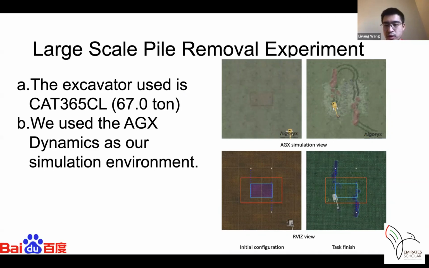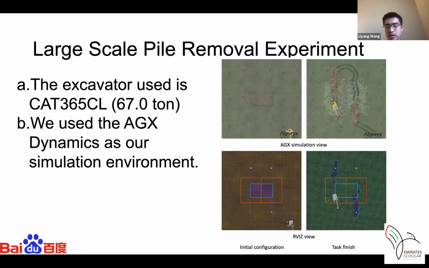In the right figures, the setup is that we set a pile in the squared area, where the color is slightly different, which means the height of the terrain is higher than the others. The excavator starts from the right box, first plans the route, and goes to the first row point, which is the white dot.